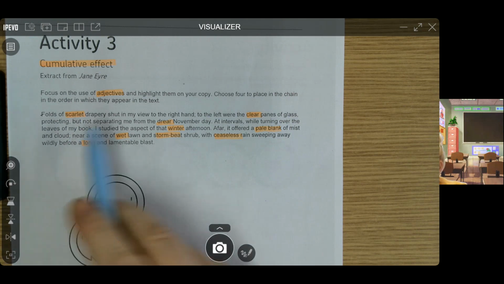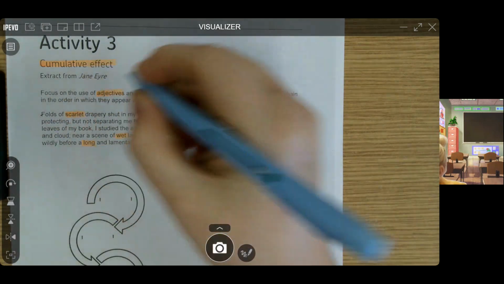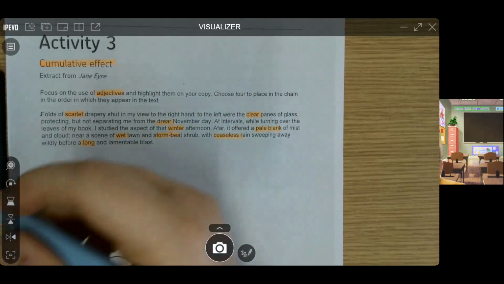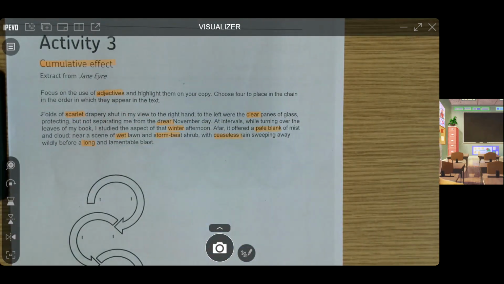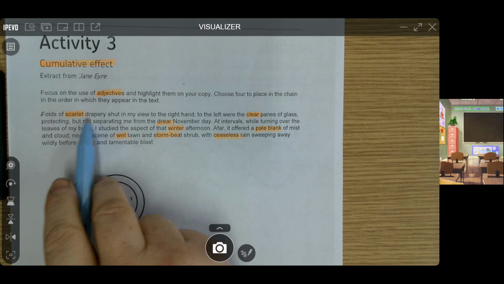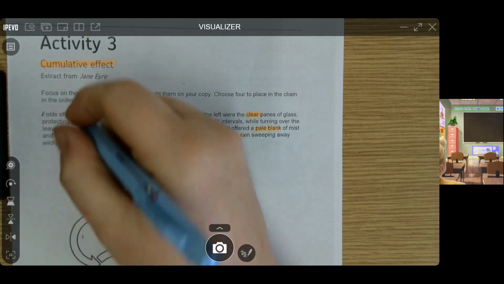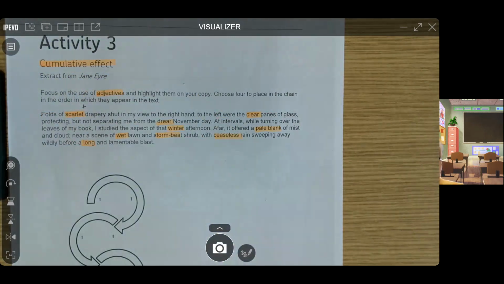So if we look here, it starts with an adjective that describes the colour. Now, scarlet is a very deep red. We may have associations of it with blood or suffering, but as it's linked here to the drapery, to the curtains, it almost has a positive connotation.